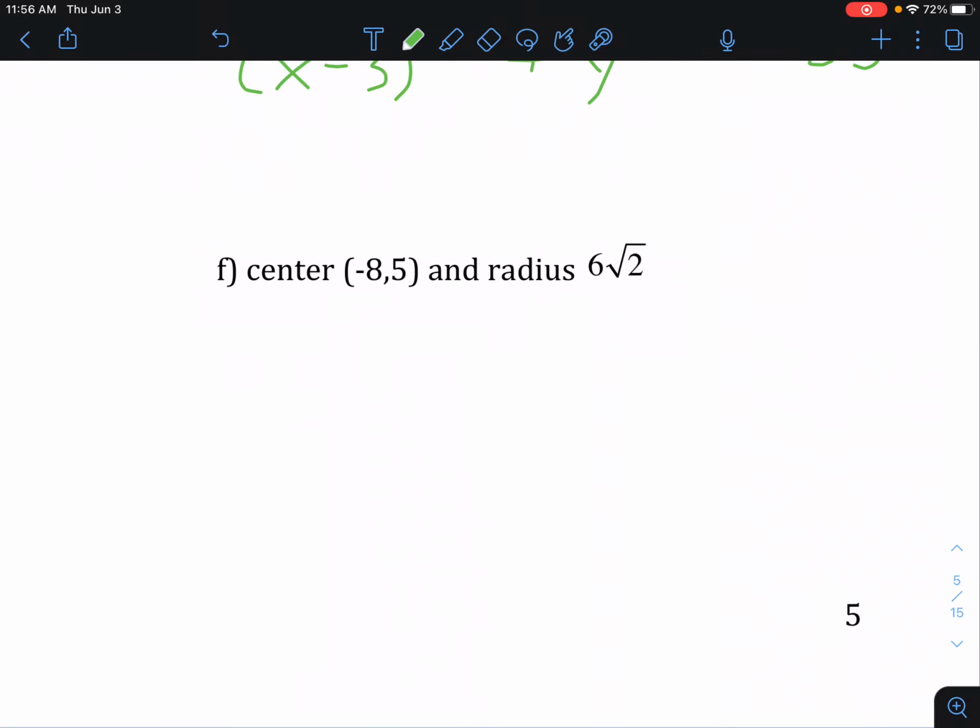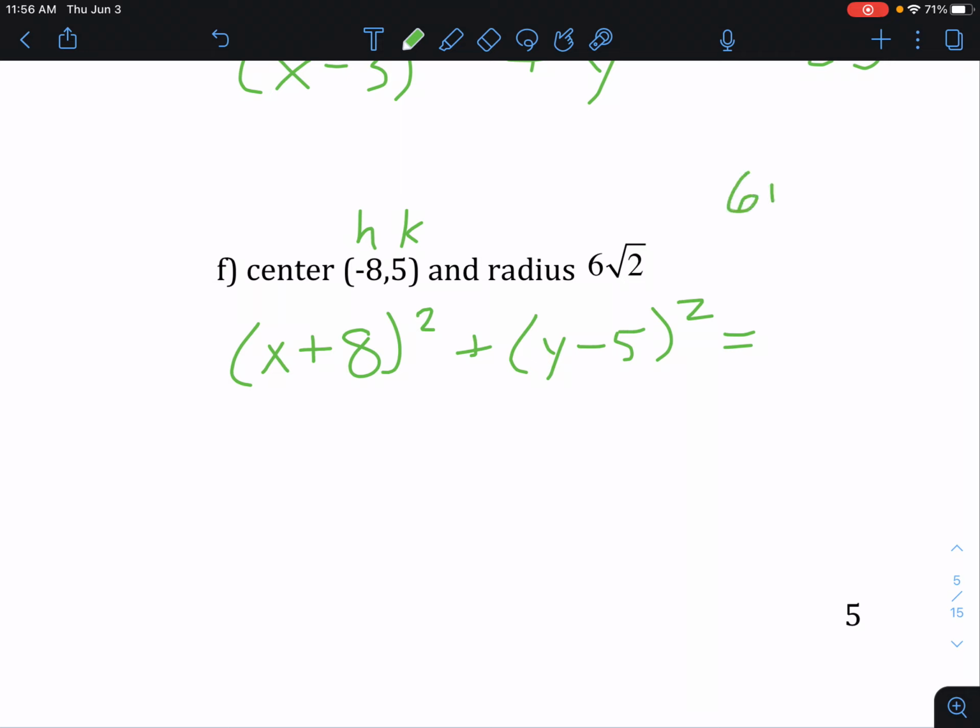All right, a little slightly more challenging here. So h and k, it's slightly more challenging here because the radius is represented as a radical. And so we're going to have x plus 8 squared and then plus y minus 5 squared, and then equals, now we got to be a little careful here. 6 times the square root of 2 squared is saying 6 times the square root of 2 times 6 times the square root of 2.